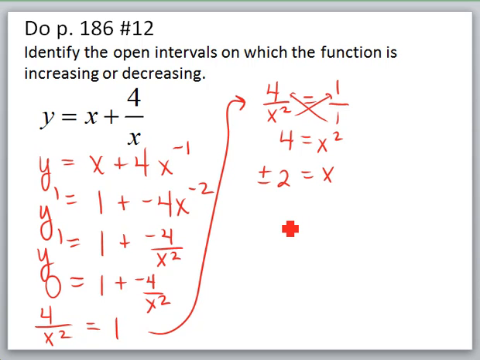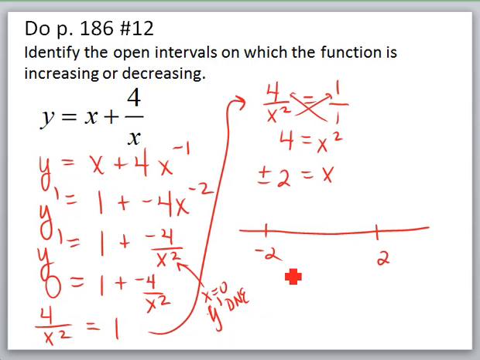Now, I'm going to also take note that not only do I have critical numbers at 2 and negative 2, I also have a critical number because at x equals 0, the y prime is undefined or does not exist. So I also need to include 0 as a value of testing whether it's positive or negative.